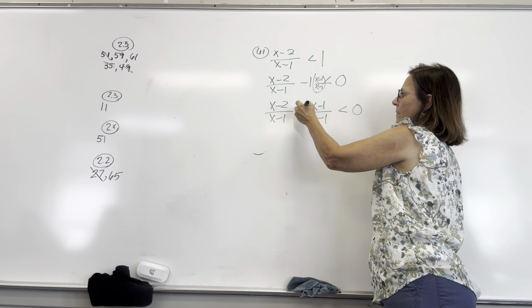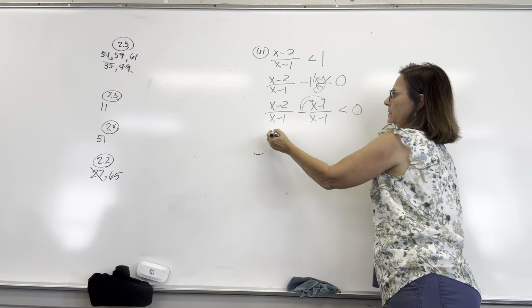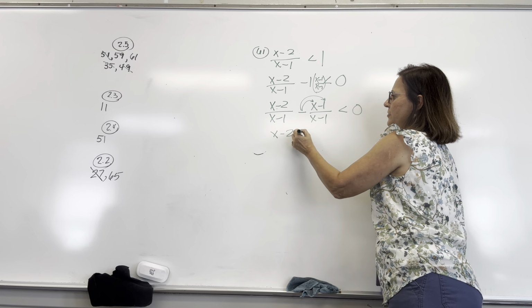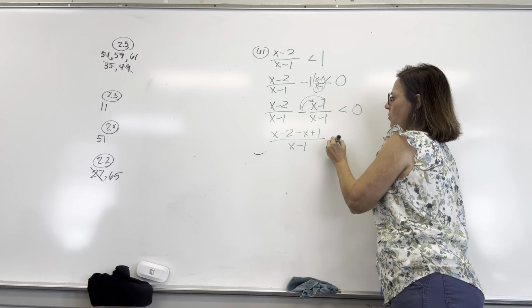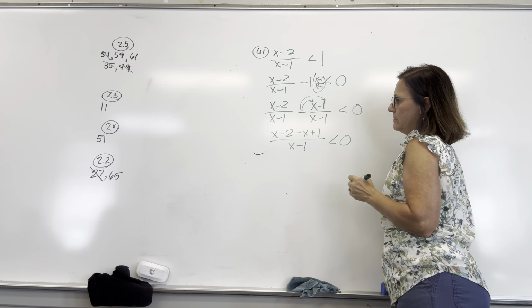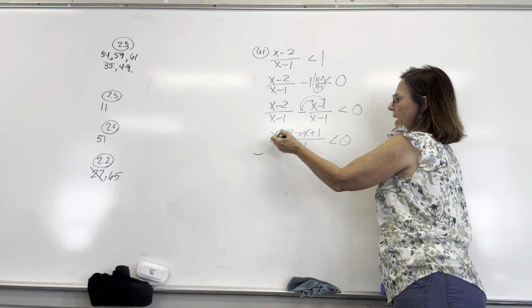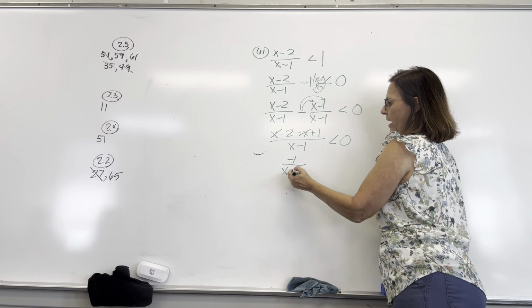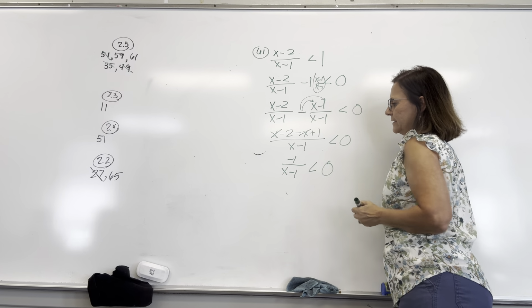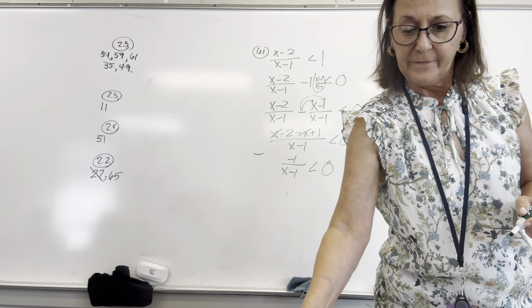And you're going to remember when we move the negative up, it's distributed to both terms in the numerator. So it's x minus 2 minus x plus 1 over x minus 1 less than 0. Our x's eliminate. It's negative 1 over x minus 1 less than 0. Okay, y'all, that has to look very strange.